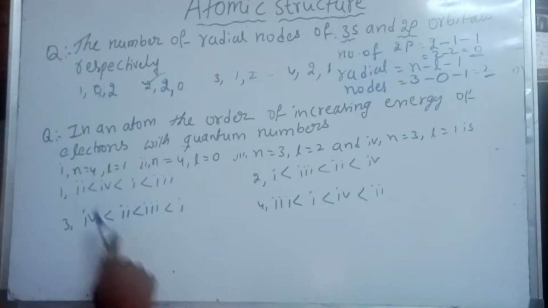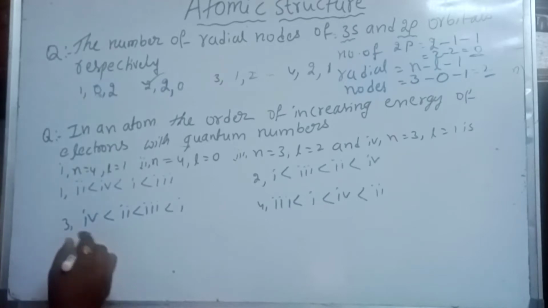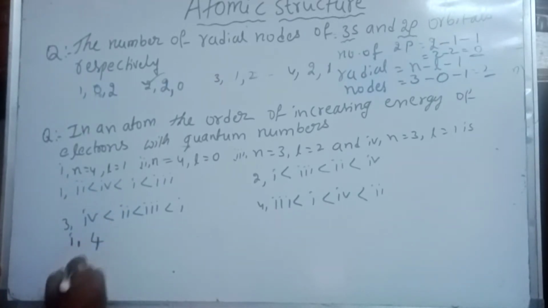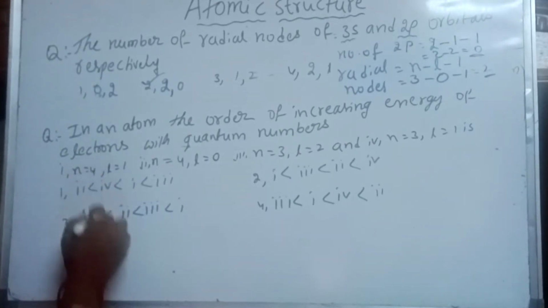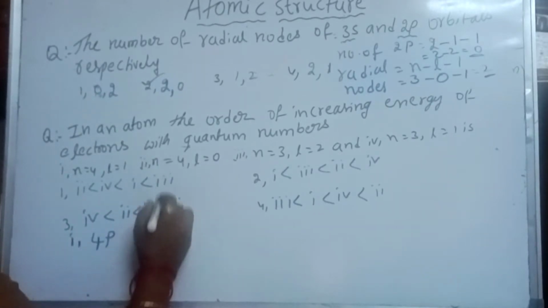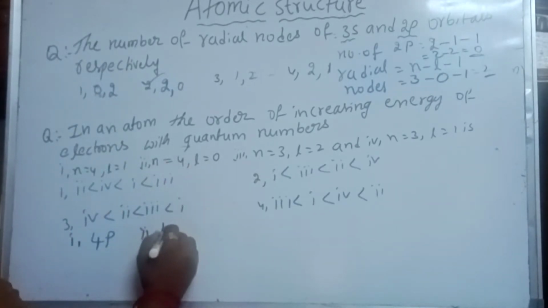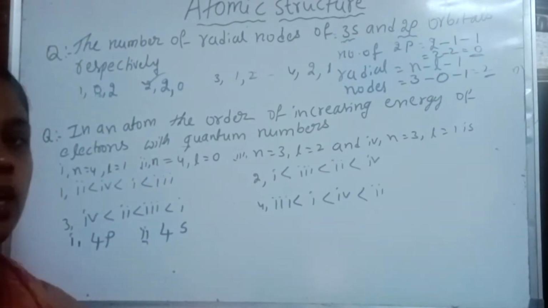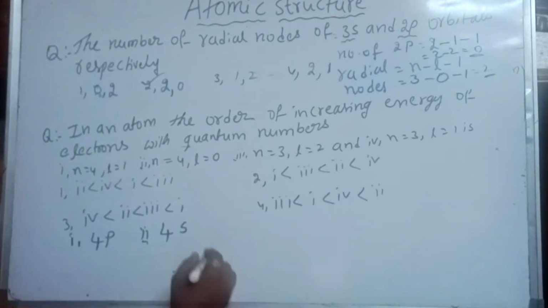For the first one, n is equal to 4, L is equal to 1 means p orbital. So the first one is the 4p orbital. The second one is given n equal to 4, L equal to 0, which means s orbital.